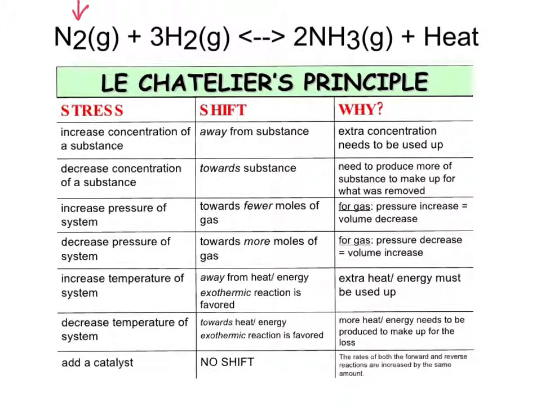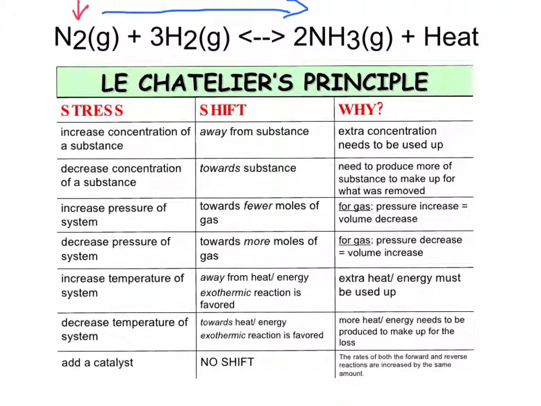And what does my rule say? It says my shift is going to be away from the substance. So that means my shift is going to go to this side, to the right. If I increase the concentration of a substance, I'm shifting away. In this case, I'm shifting from nitrogen to the products, and that means I'm shifting to the right.